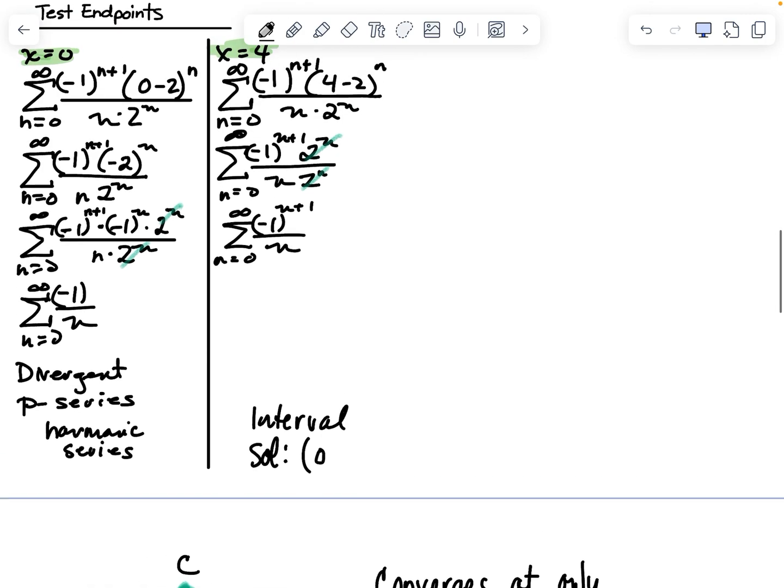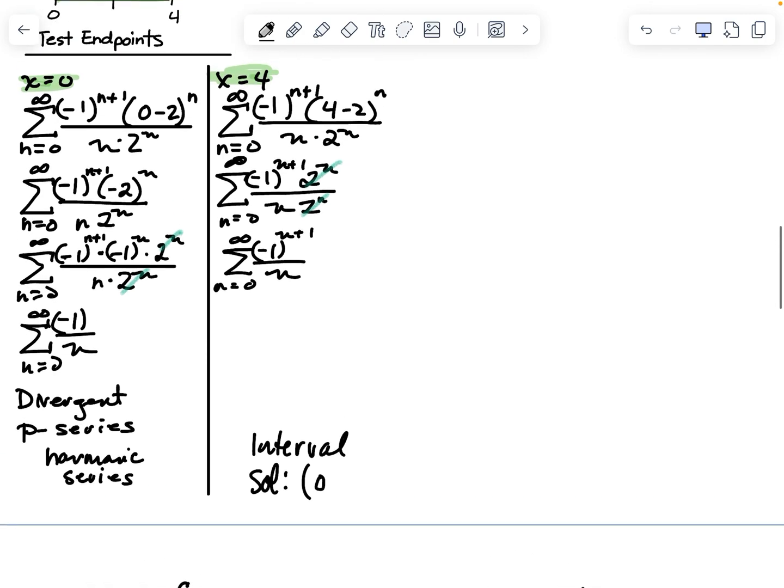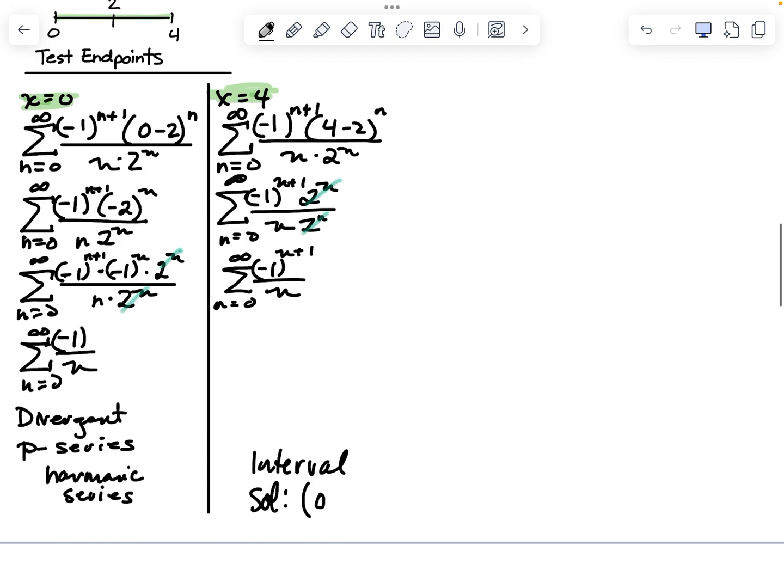Okay, and then what do we have over here? We know not at 0, but when we plug in here, it looks like it converges, because we know that the limit as n goes to infinity of our term a sub n is equal to 0. And we also know that a sub n plus 1 is going to be less than a sub n.